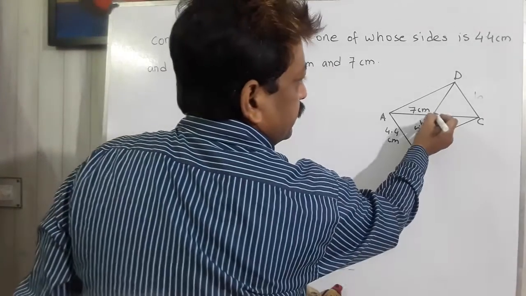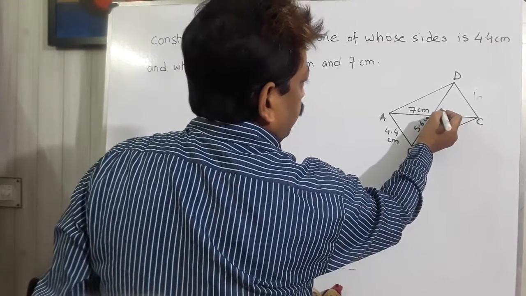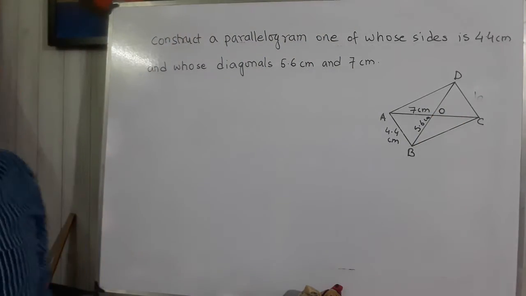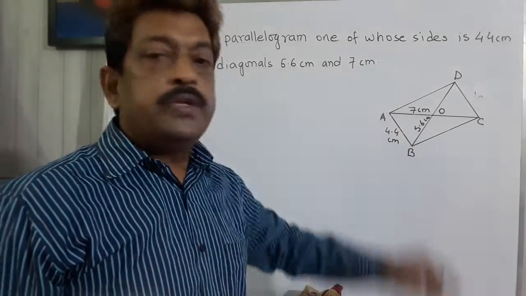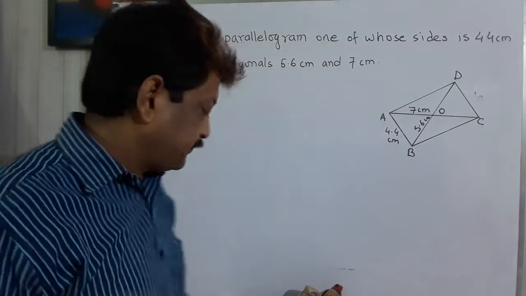And this is the point of intersection of both the diagonals. Let me mark it as O. That is, O is the midpoint of AC as well as BD.